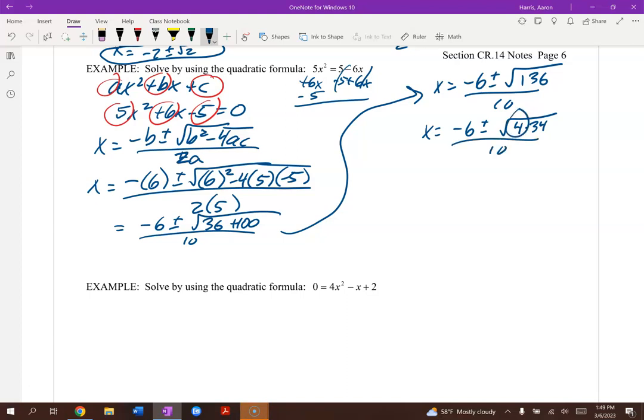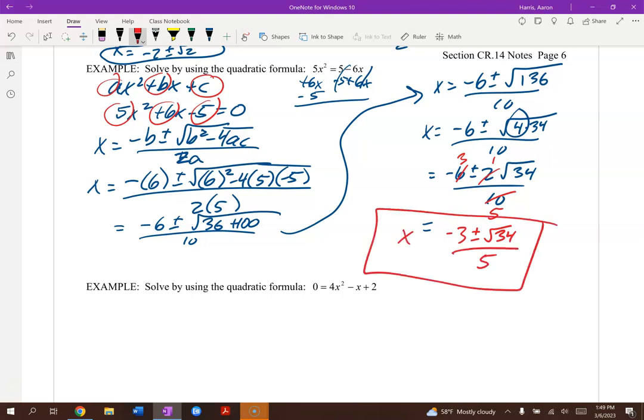I know the square root of 4 is 2. And each of those go into 2, right? So that'll leave me with a 5 here. That's gone, leaves me with a 1. So it ends up being negative 3 plus or minus the square root of 34 all over 5. There's my two answers. Okay.